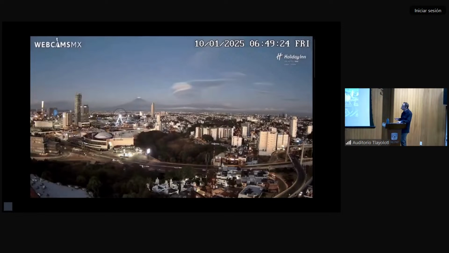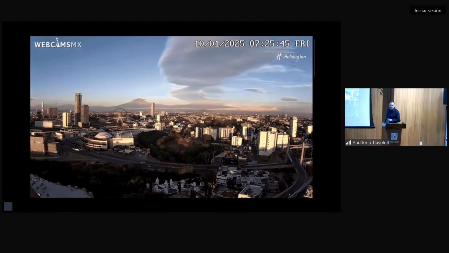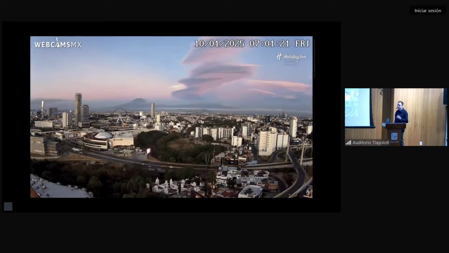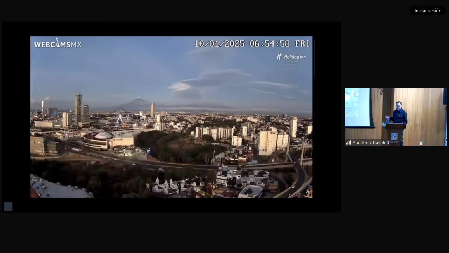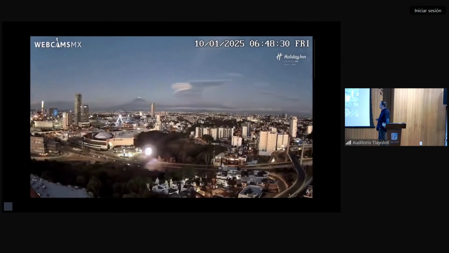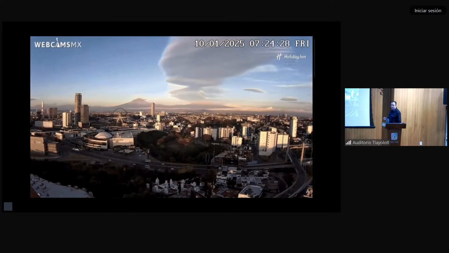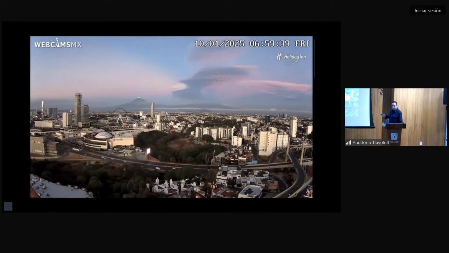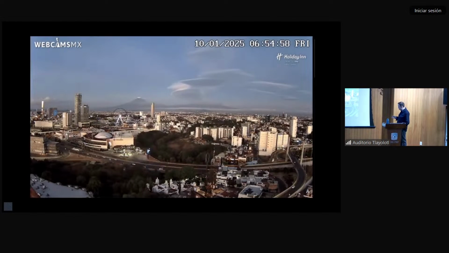For example, there is a very beautiful example of waves produced by the Ixtaccíhuatl some days ago. Actually, this is not an equatorial tropical wave, but it's a beautiful example of a wave produced by topography. So if you are lucky enough, perhaps this week you might see this kind of clouds in the sky.